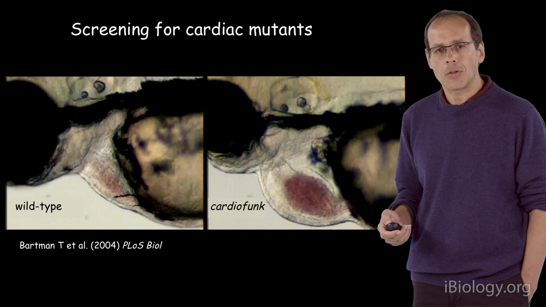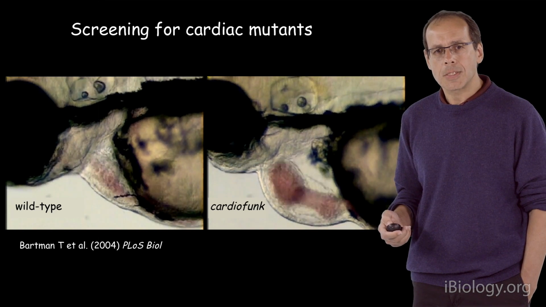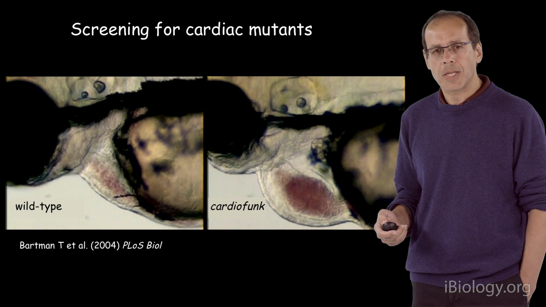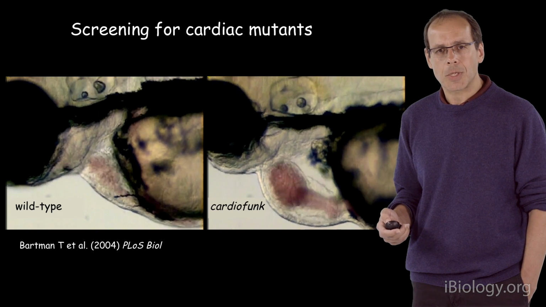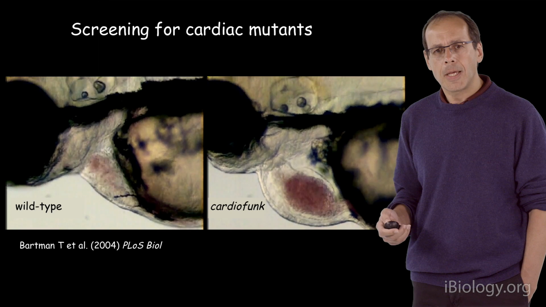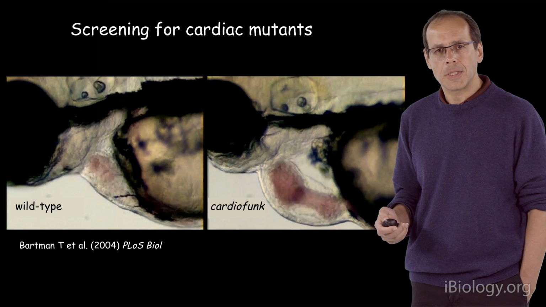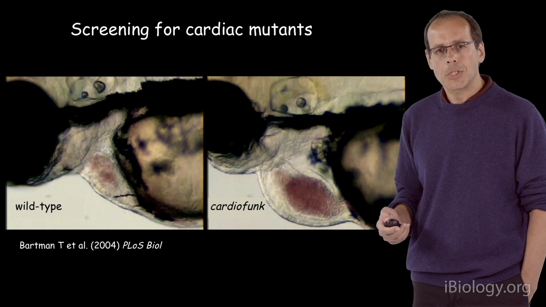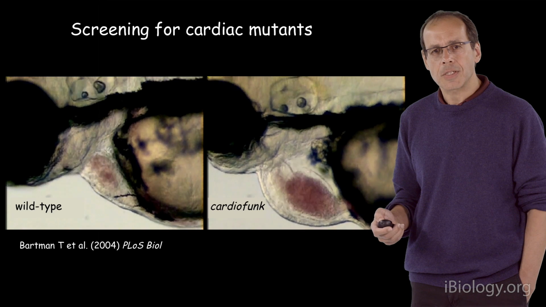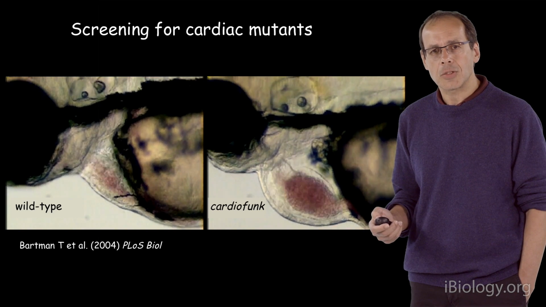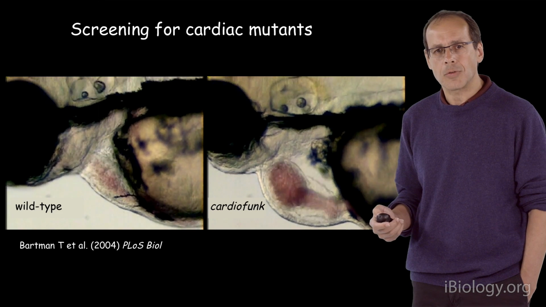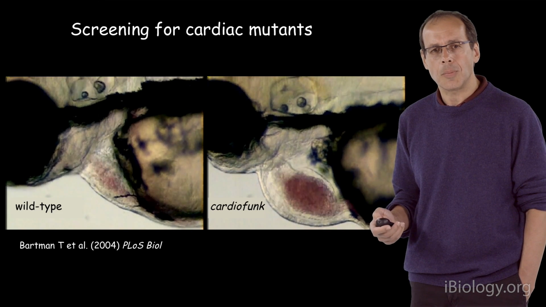This mutant is called cardiomyopathic, and what you see is the blood moving back and forth between the two chambers, the atrium and the ventricle. It turns out that this mutation affects an actin gene that's expressed in the myocardium. This leads to aberrant contractility of the myocardium, which in turn leads to defects in the maturation of the heart, specifically in this case in the formation of the valves that prevent retrograde blood flow, and I'll have more to say about that in a few minutes.